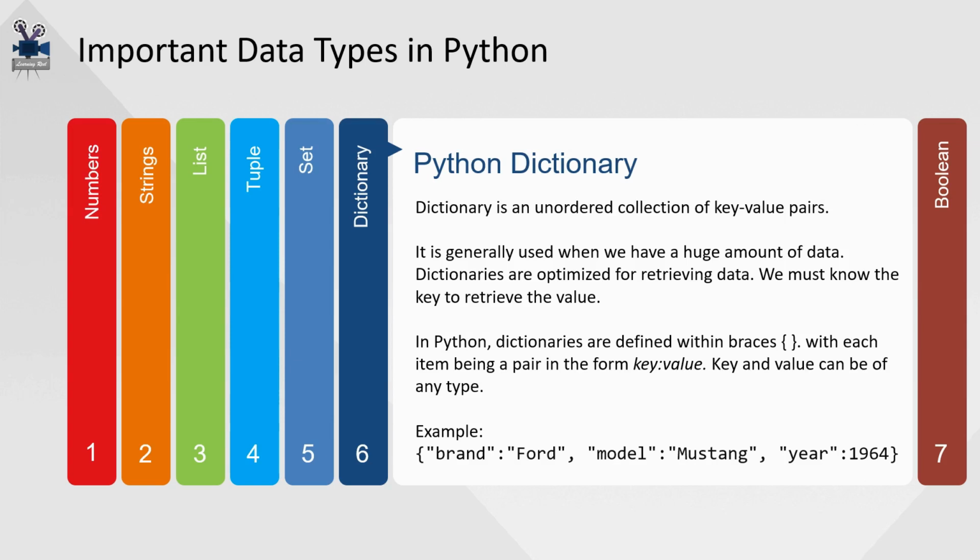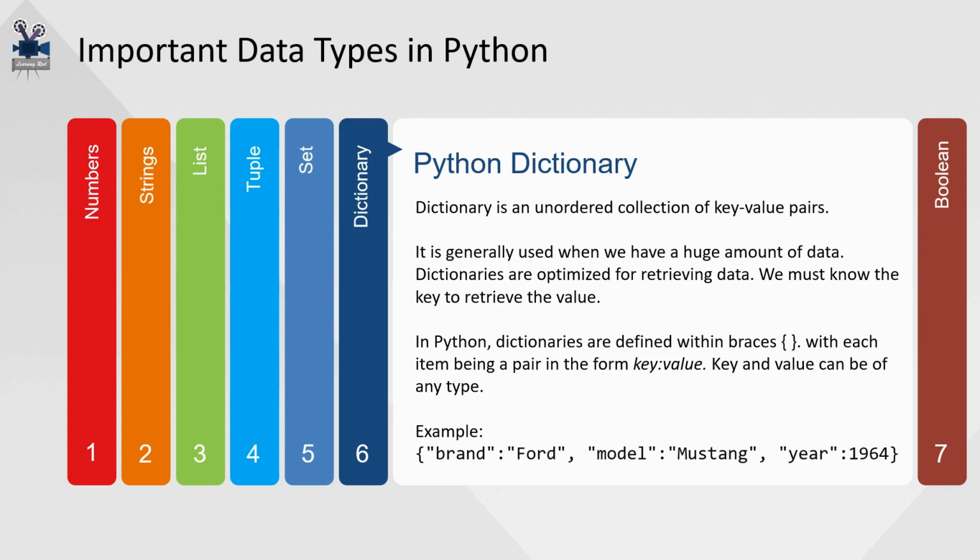The second last one on this list of collections is Python dictionary. A dictionary is an unordered collection of key value pairs. So the uniqueness here is key value pairs. It is generally used when we have a huge amount of data. Dictionaries are optimized for retrieving data. We must know the key to retrieve the value, not the other way around, right?